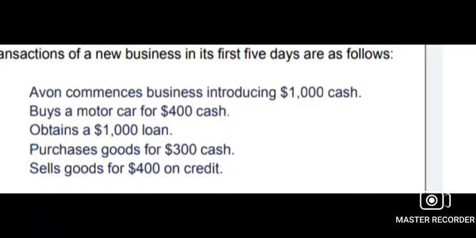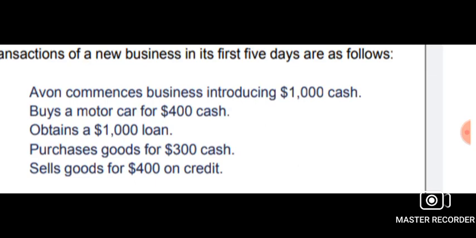Next, the next one says purchases goods for 300 cash. What would you do in this transaction? Purchases has been mentioned, so it should be an account, and goods for cash, 300 for the cash. So there's a cash account and a purchases account. How do you know that the purchases account is coming in?